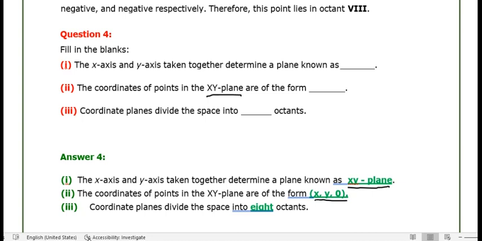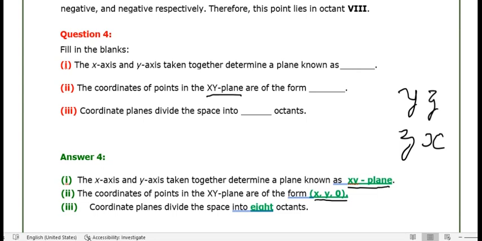Whatever plane you have, say the xy plane, z is absent, so the z coordinate will be 0. If it is the yz plane, then the x coordinate will be 0. If it is the zx plane, then the y coordinate will be 0.